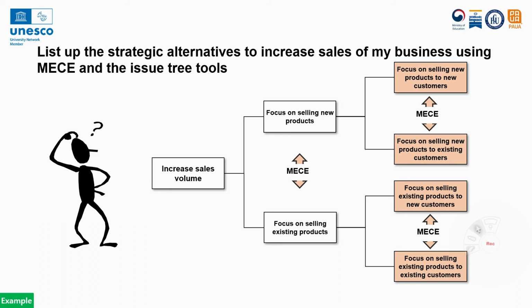No, that is not the only answer of issue tree. You may choose a lot of different strategic alternatives, but without knowing some context, we have no idea what's the best way of disaggregating the issues.